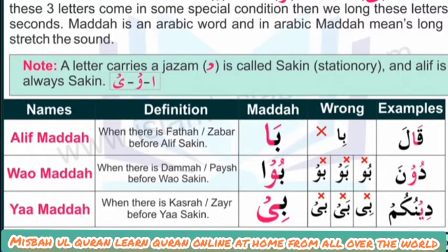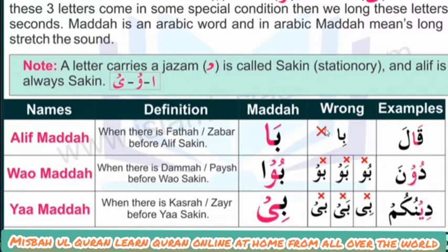But this jazm sign, like a sukoon, we do not read its name in spelling, and similarly alif also we do not read in spelling. So we only say ba, waw, dhamma, right? So look at it again. Ba, waw, the letters first and then dhamma. Ba, waw, dhamma, boo. 1 second we long, and again we are longing the ba sound, but due to waw, as I already told.